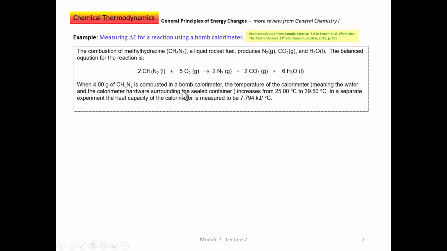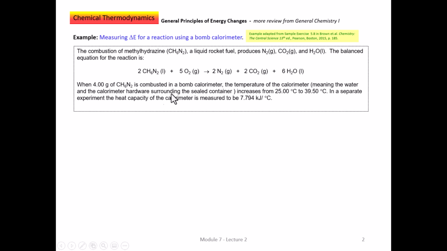Suppose you did that, and then you measured that the temperature of the calorimeter, meaning the water surrounding that sealed cup and the calorimeter hardware, increased from 25 degrees C to 39.5 degrees C. So, of course, this combustion reaction is giving out a lot of heat, and that heat is flowing into the water and into the calorimeter housing itself, and the temperature goes up, and you measure that.